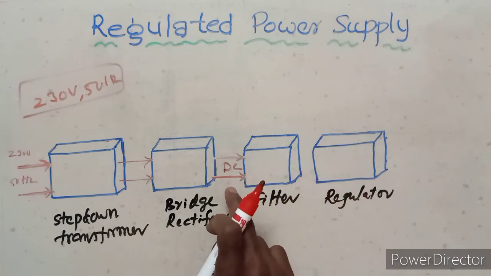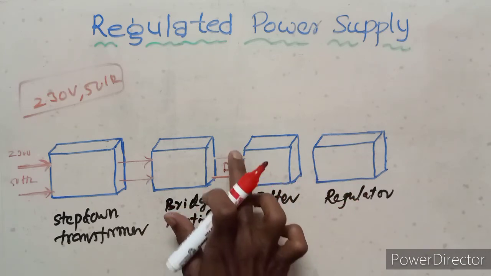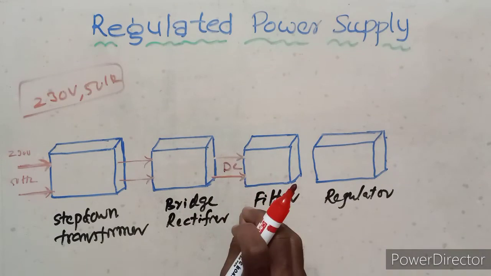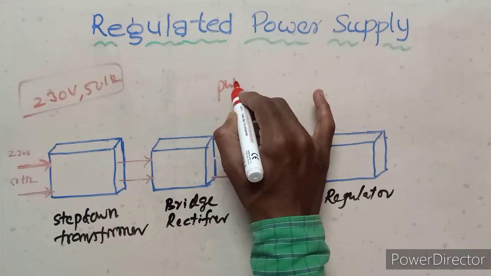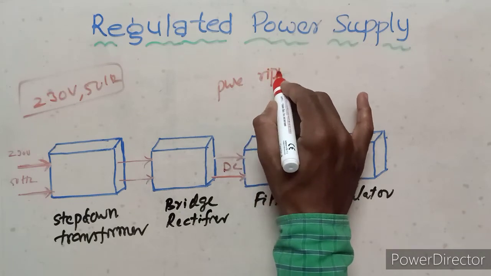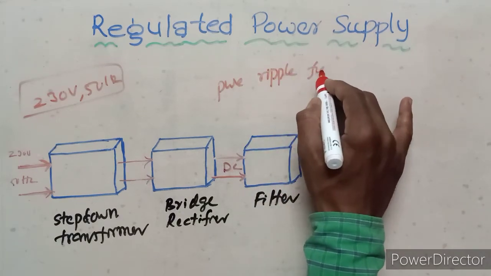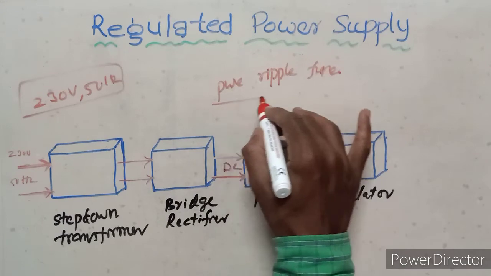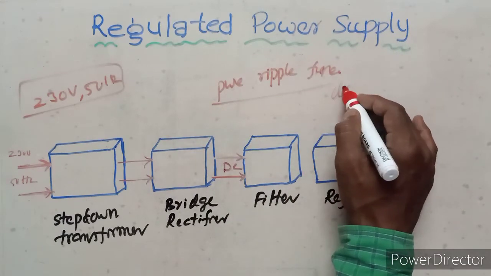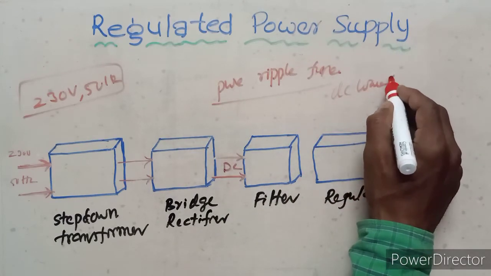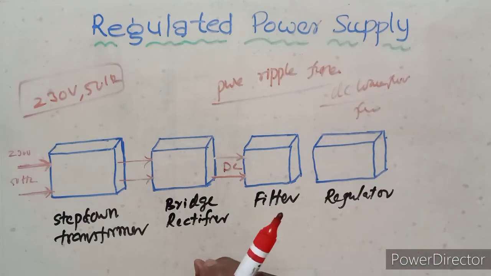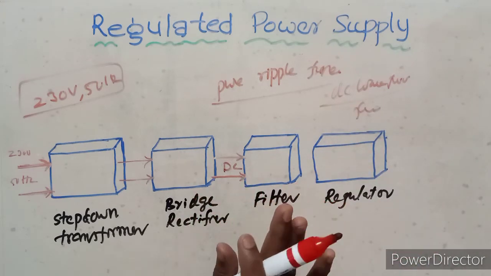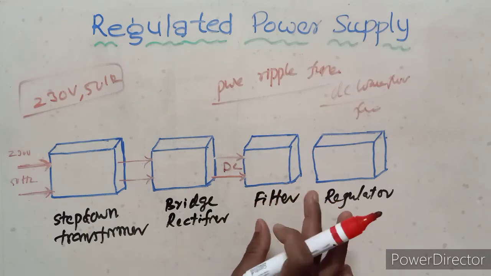It's not required. We want only pure ripple-free DC waveform, not highly ripple.